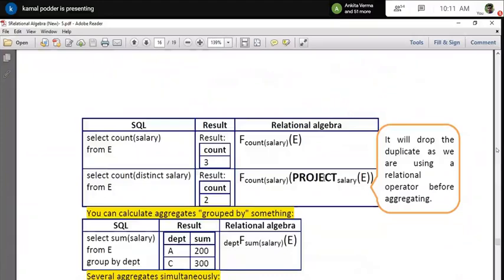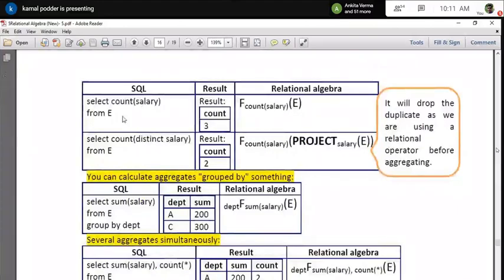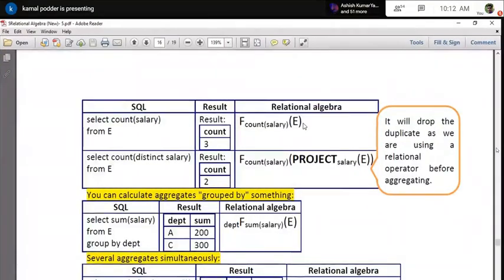Now just see here, I want to find out the count of salary. That means it will give how many employees there are.